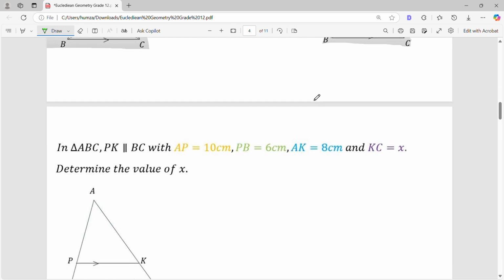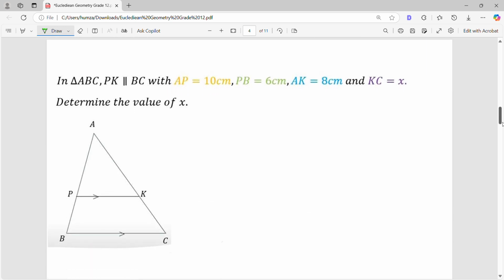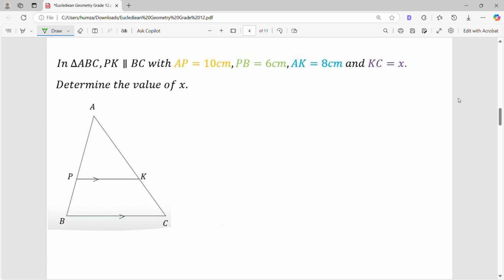Now let's look at another question. In triangle ABC, PK is parallel to BC with AP equals 10 cm, PB equals 6 cm, AK equals 8 cm and KC is equal to X. Now we have to determine the value of X. We can use the theorem because we have these parallel lines.